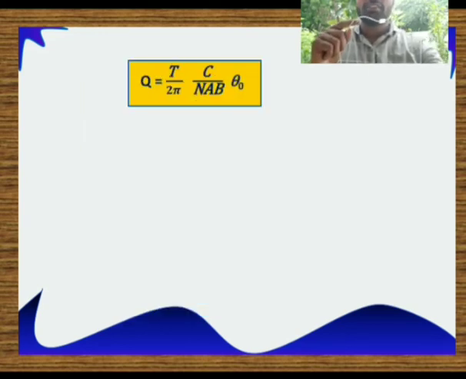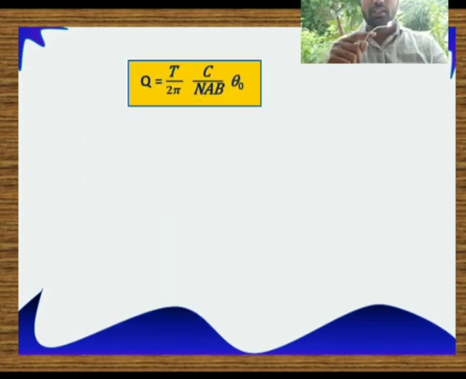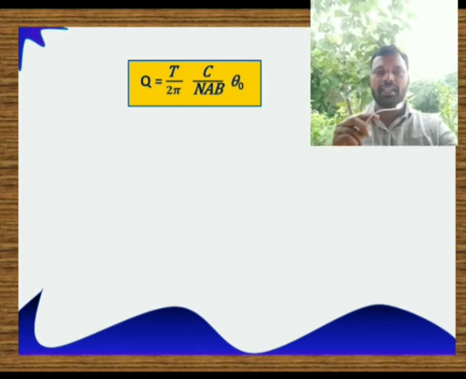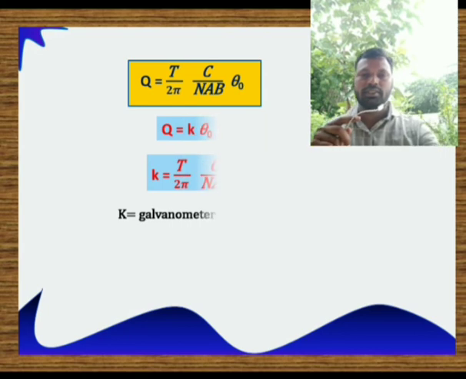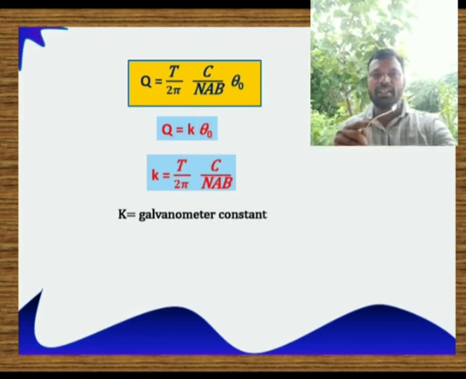Right? From that equation, write the equation for Q, then bring all these constants outside. Now my Q is equal to T by 2 pi into C by NAB theta naught. So Q is equal to C by NAB and T by 2 pi, all are constants.